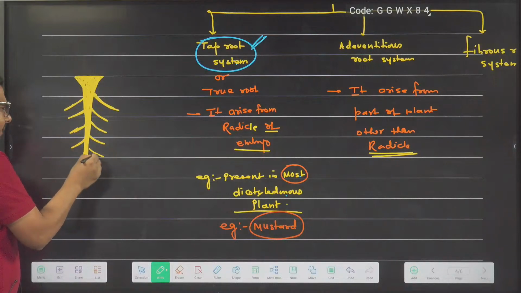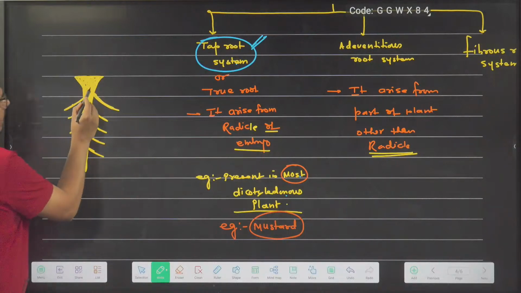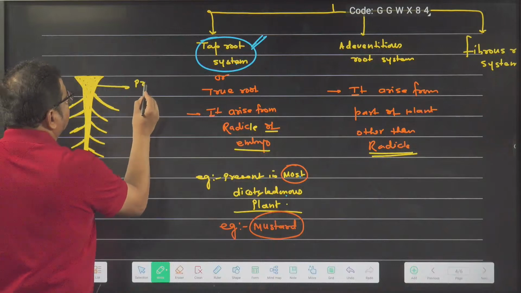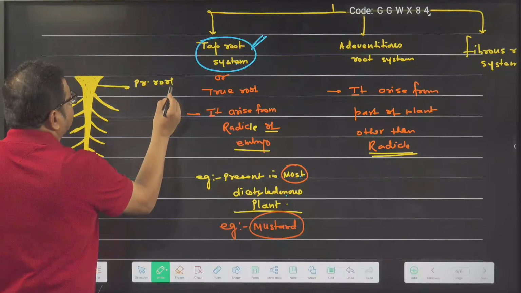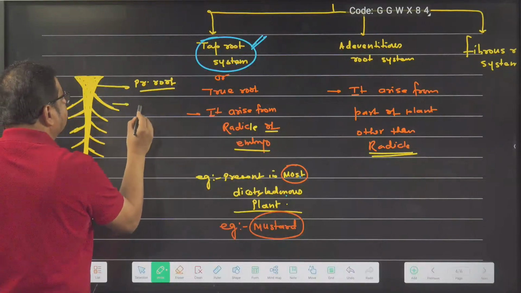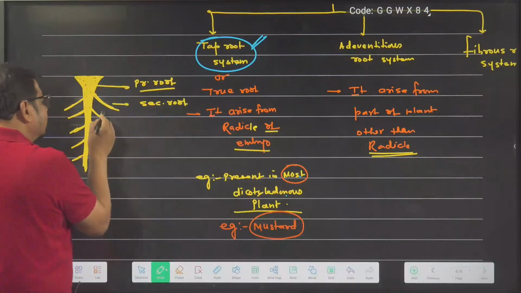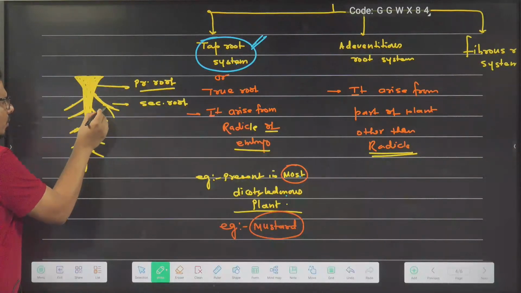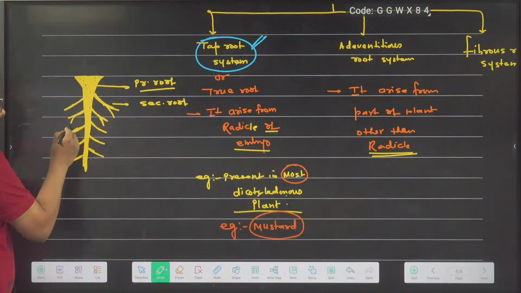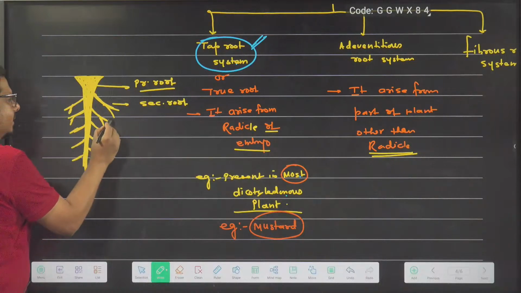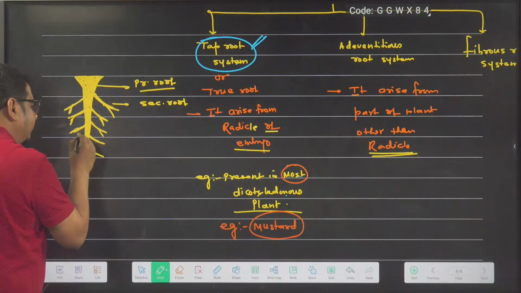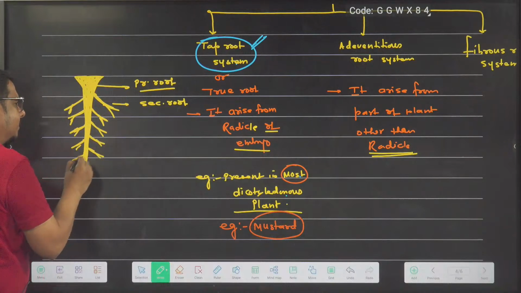Secondary root. Understanding the idea or not? This one is secondary root, which arises from the primary root. It doesn't mean that from secondary root also roots do not arise; they do, and those are called tertiary roots. So I am just telling, suppose that here it is tertiary root.